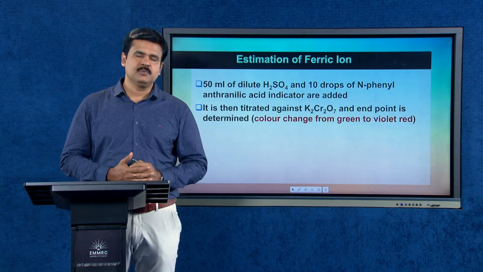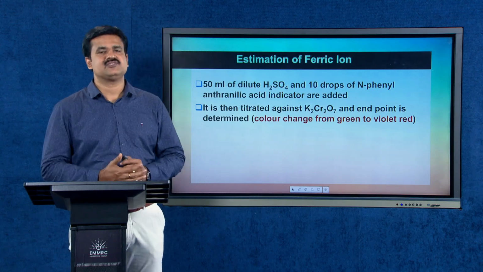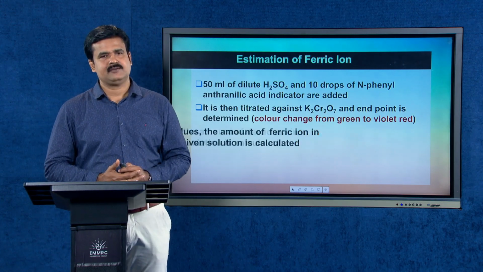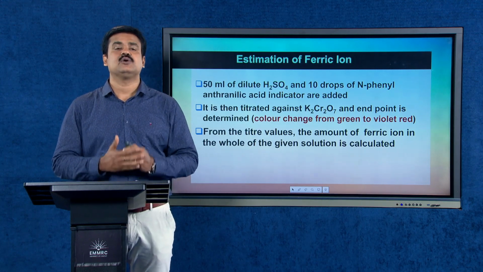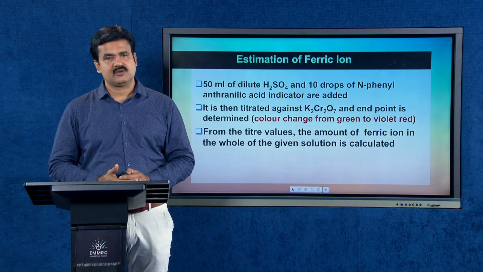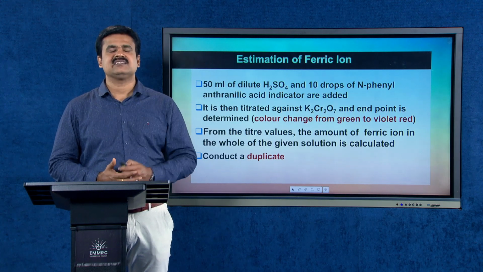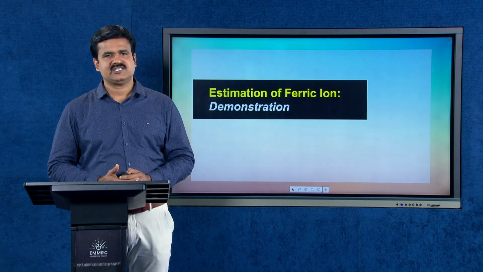Remember, the end point of the titration is the color change from green to violet red. From the titer values, the amount of ferric ion in the whole of the given solution is calculated. Conduct a duplicate experiment.